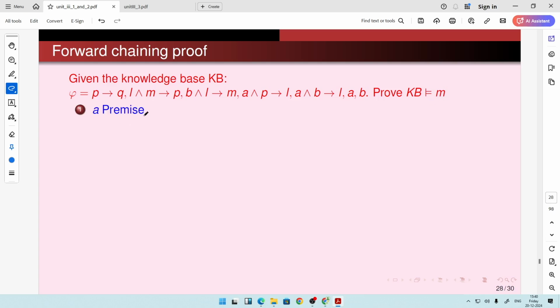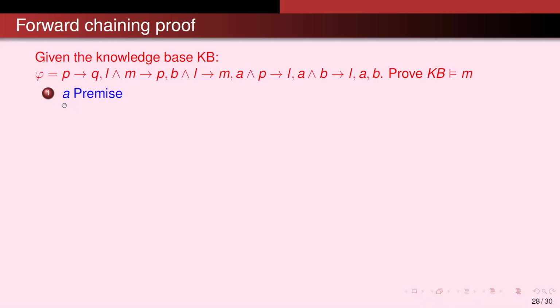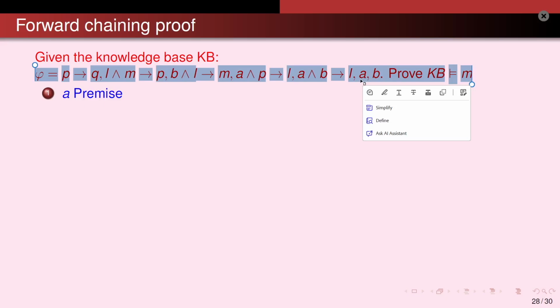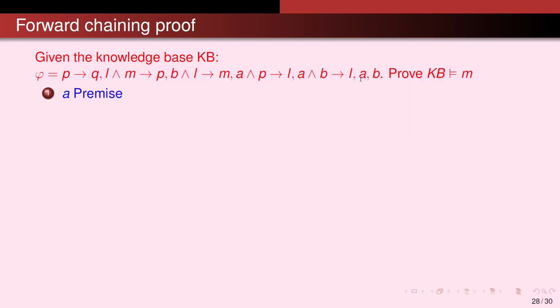We call something a premise if it is already present in the knowledge base. A is available as a premise, and B is also available as a premise, which is given here.